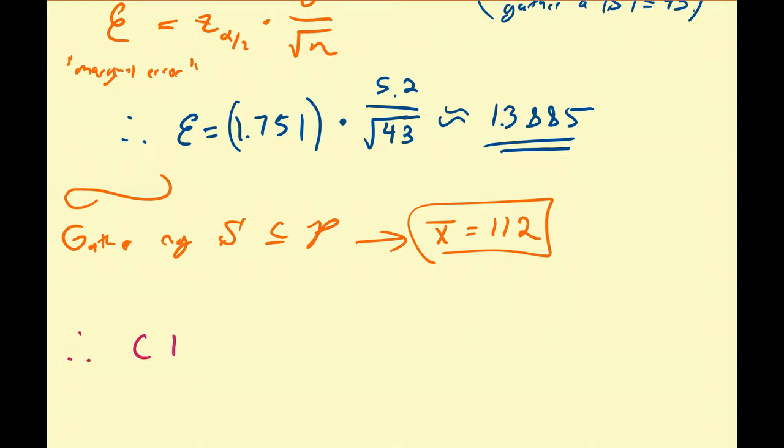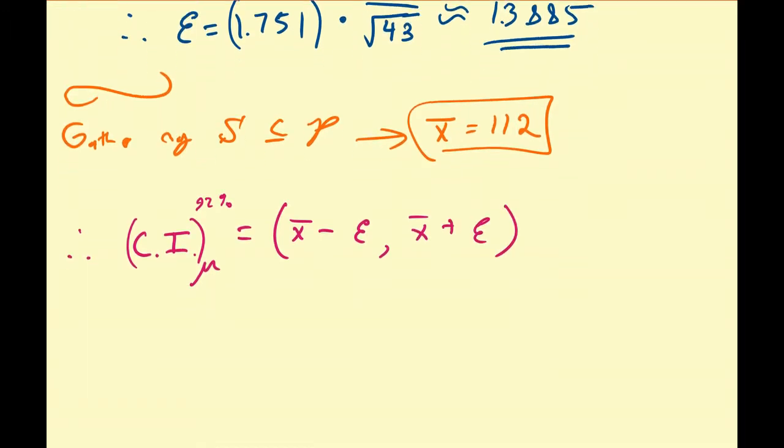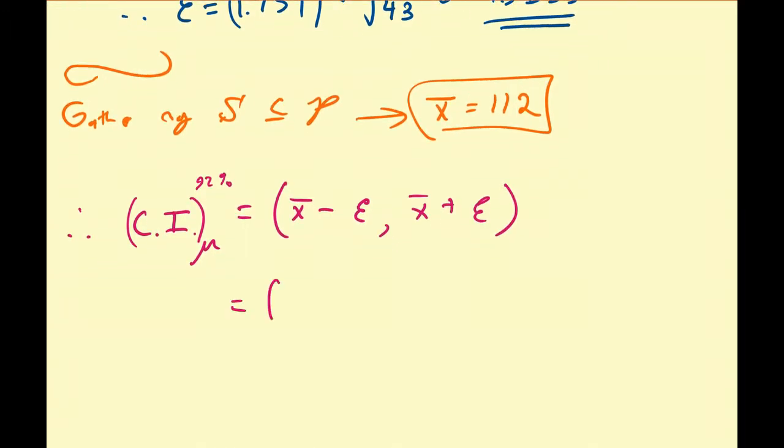My confidence interval for my population mean mu under a 92% level of confidence, from the definition, is equal to x bar minus the marginal error, comma, x bar plus the marginal error. That's equal to 112 minus 1.3885, comma, 112 plus 1.3885, approximately.